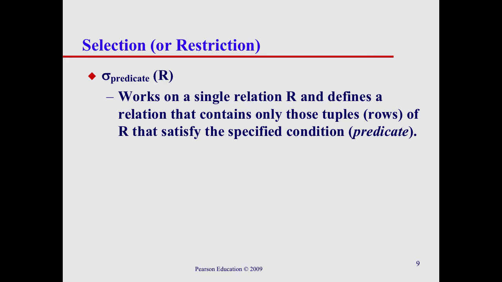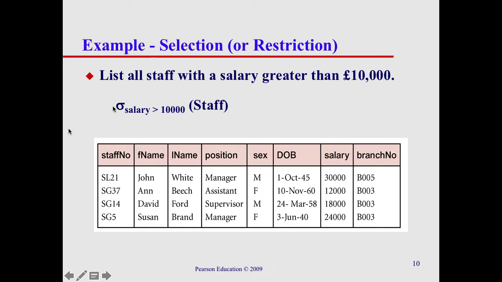Now, I'm going to blow through the next slides because these all match things that you have already seen. Okay? You just have to get used to using the fancy Greek letters, which means you have to just study the slides. So, if you want to do selection, it looks like this sigma with a tag at the end of it, and then you have the predicate at the bottom. So for example, salary greater than 10,000 with the staff relation in parentheses.